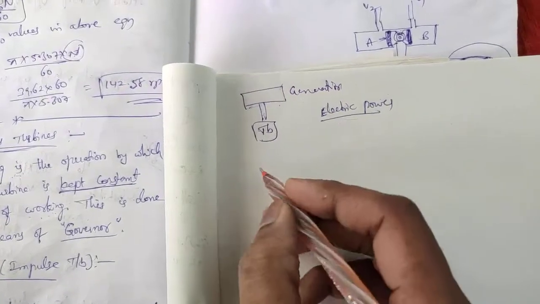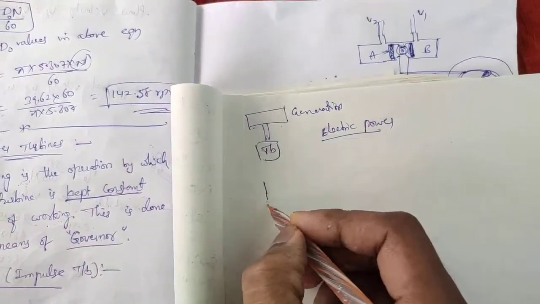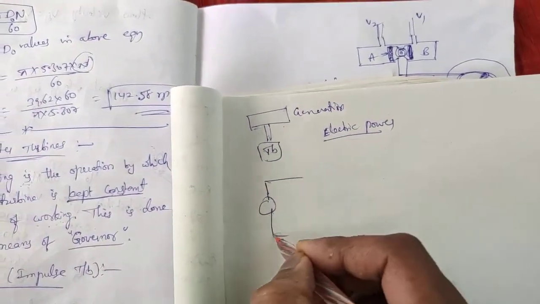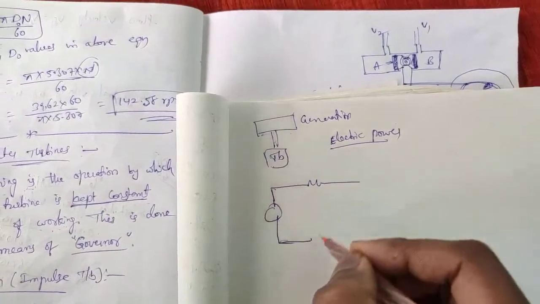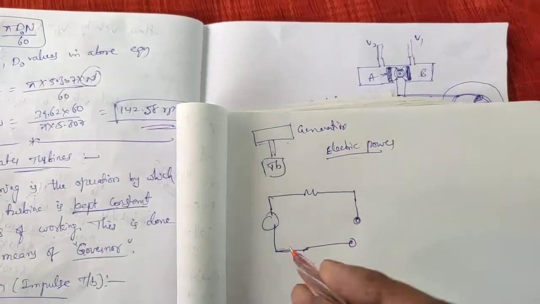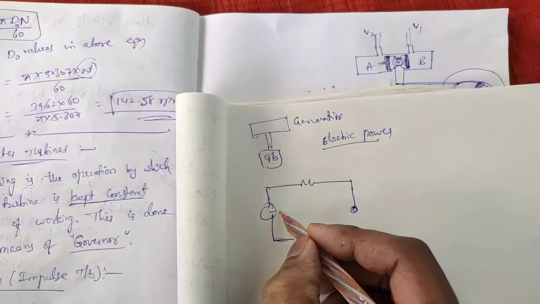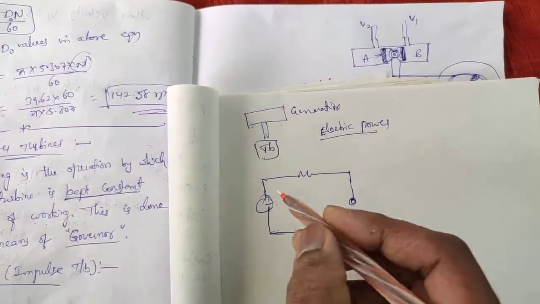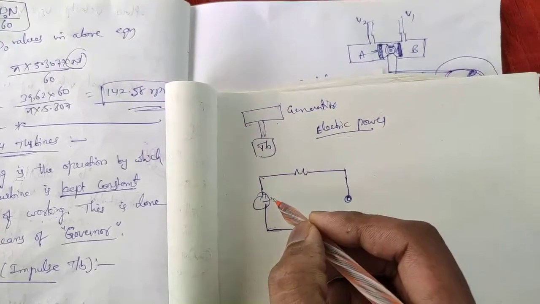Let us see one diagram, one simple circuit. This is the power source, that means a battery or generator, whatever.